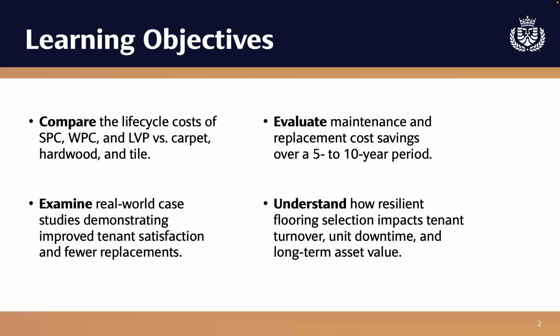We're going to look at maintenance costs over a 5 to 10 year period, real world case studies where you see tenant satisfaction and the cost savings of fewer replacements, and understanding how resilient flooring selection impacts tenant turnover and unit downtime. We're going to cover those 4 key objectives so you can better understand smarter specification choices moving forward.